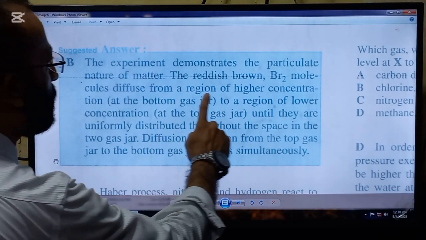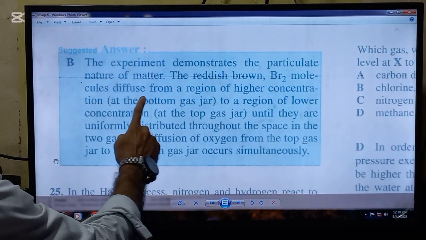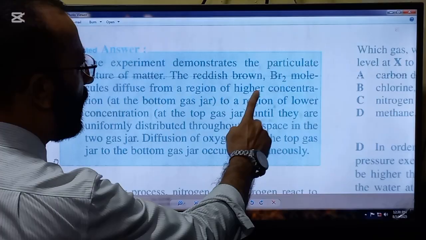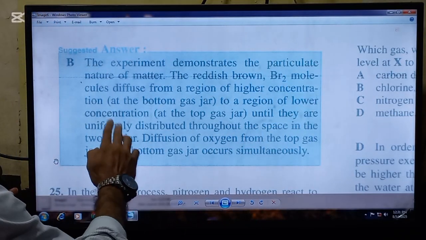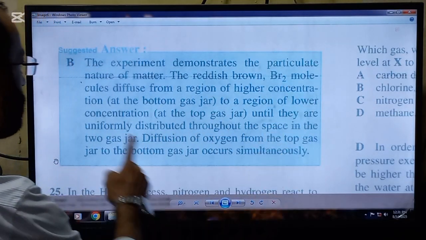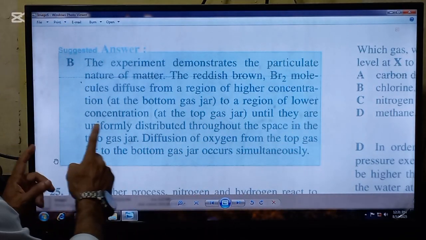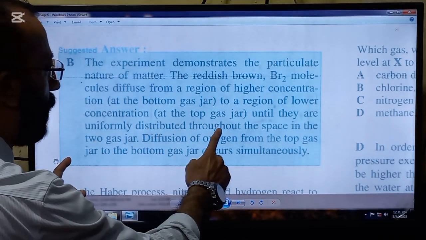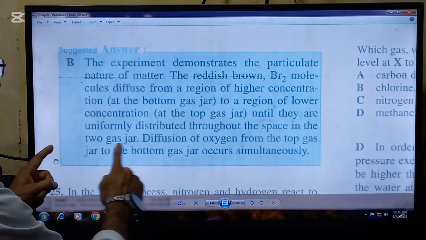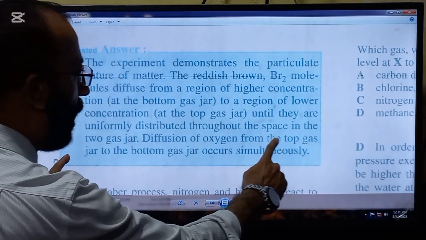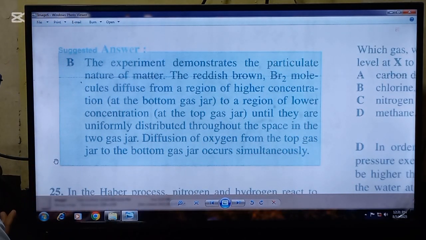The experiment demonstrates the particulate nature of the matter. The reddish brown Br2 molecules diffuse from a region of the higher concentration at the bottom jar to a region of the lower concentration at the top gas jar until they are uniformly distributed throughout the space in the two gas jars.